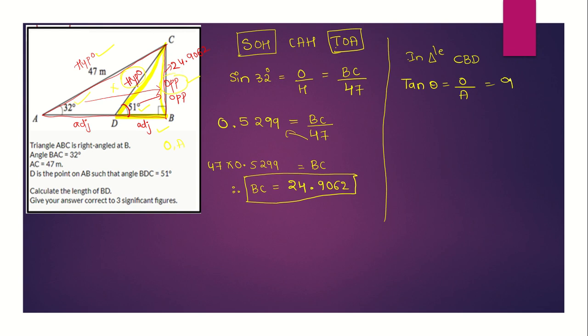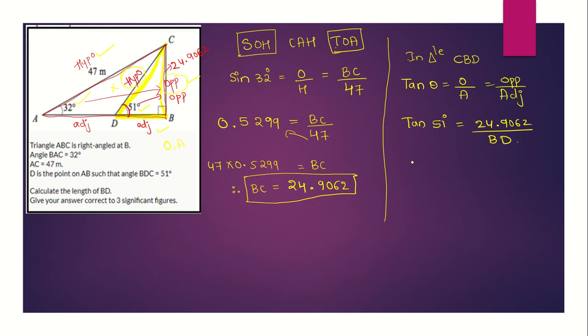Yes, opposite by adjacent. So tan of angle theta. What is the angle theta here? It is 51 degree. Tan of 51 degree is equal to opposite, which is 24.9062, which we have calculated now, and the adjacent value for this small triangle is BD, which is the value we need to calculate.